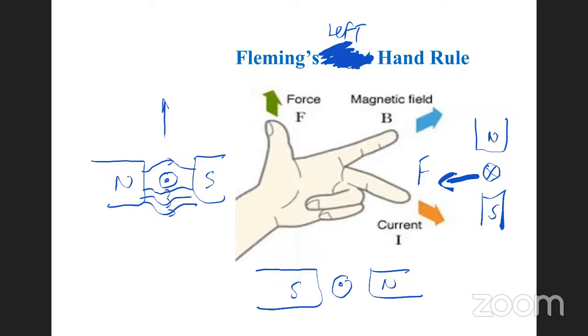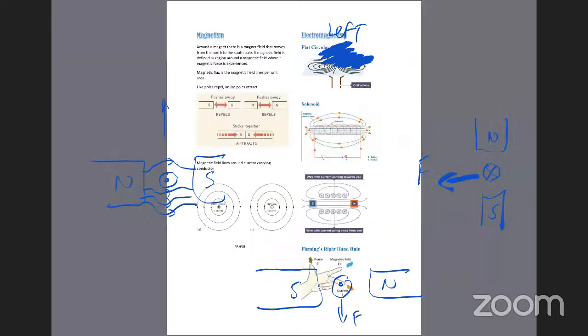Right? So north to south, that means what? That means, based on the diagram, it's looking like down. Okay, nice.